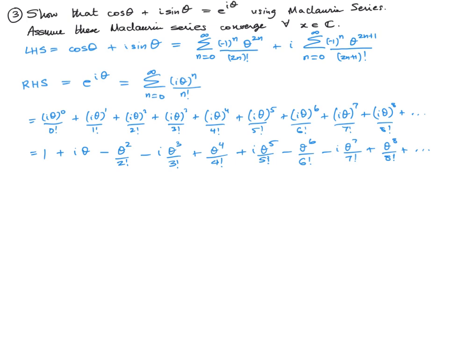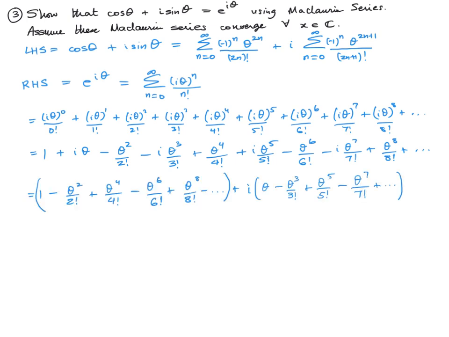So what I'm going to do is rearrange these terms and group them in a way that's convenient. So what I've done is I've put all of the real terms of this series together: 1, negative theta squared over 2 factorial, positive theta to the 4th over 4 factorial, negative theta to the 6th over 6 factorial, positive theta to the 8th over 8 factorial, etc. I've put them all together.